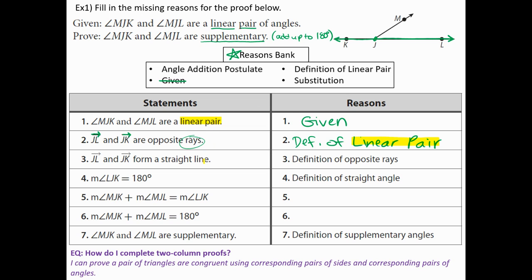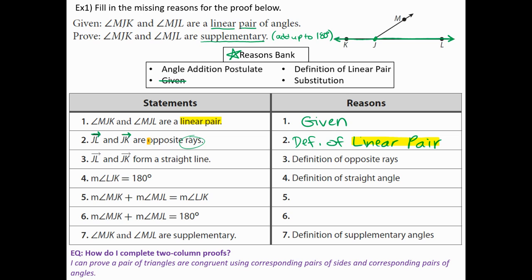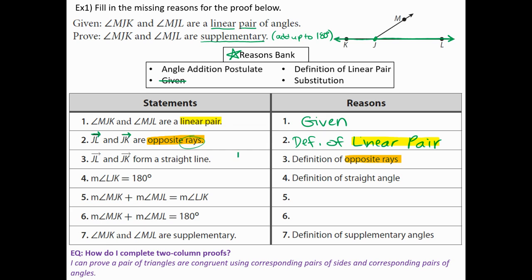Then in our next one, we make a new statement. And so actually I'm going to change colors here so we can kind of see what I'm talking about, hopefully.